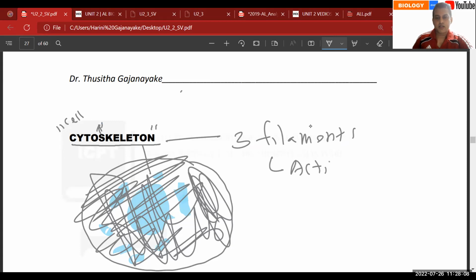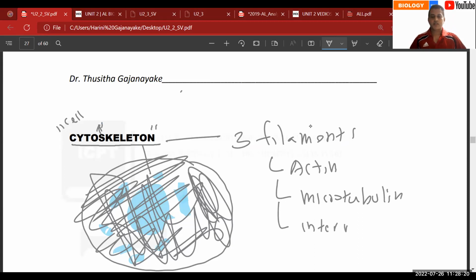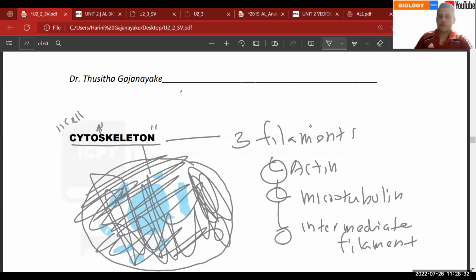Actin, microtubules, and the intermediate filaments. Actin filaments, microtubules, and then intermediate filaments.